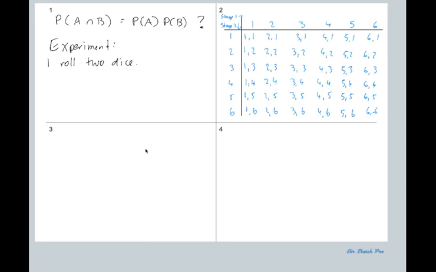Let A be the event: an even number is rolled on the first die.